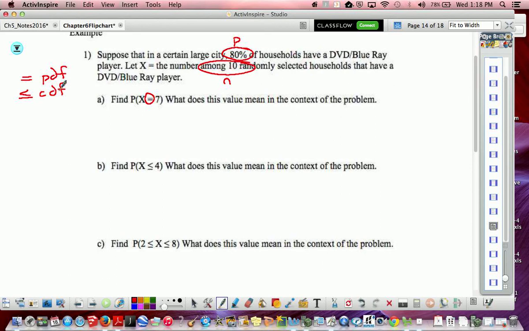Since this is an equals, I'm going to use binomial PDF. The numbers that we enter in our calculator always go in the order n, p, and k. k is the number of successes you want, so we want exactly 7. So we're going to go 10, comma, 0.8, comma, 7.